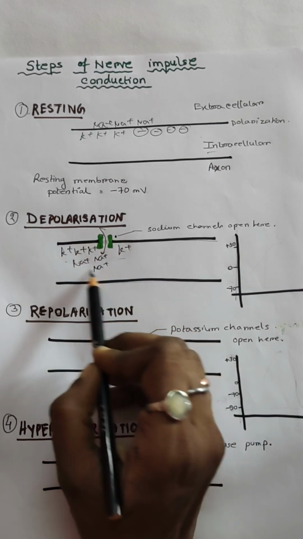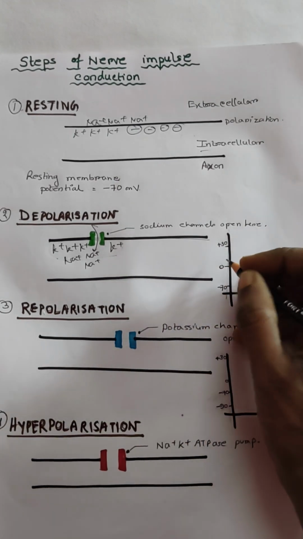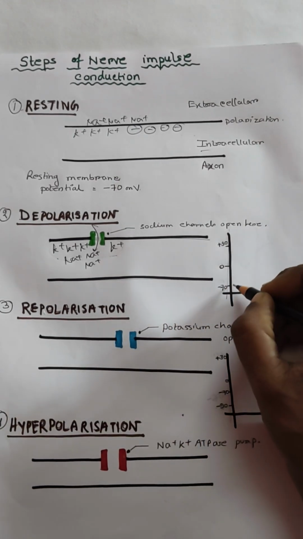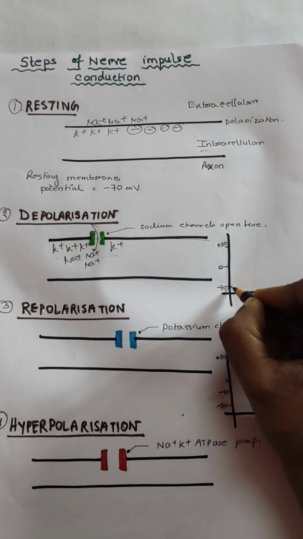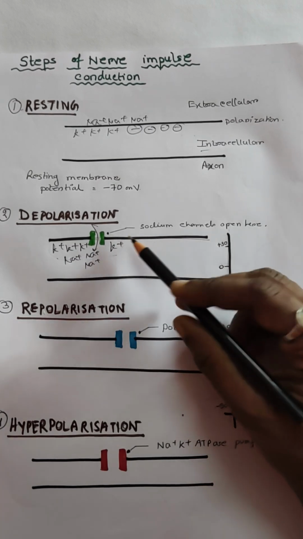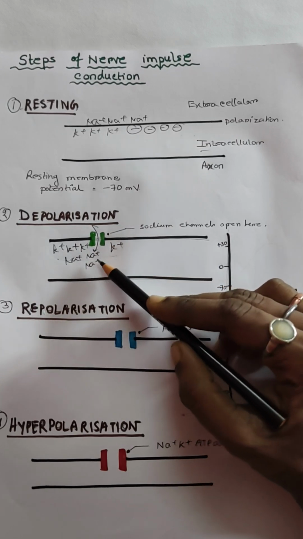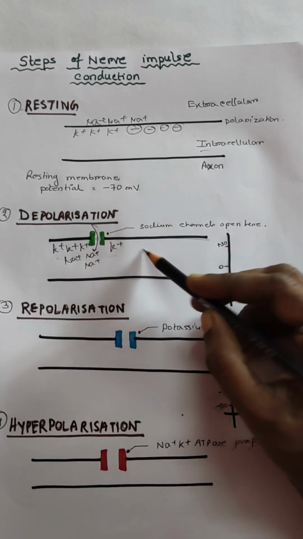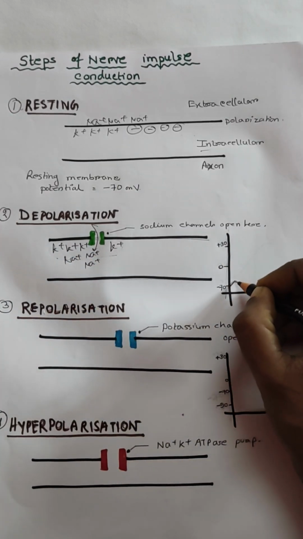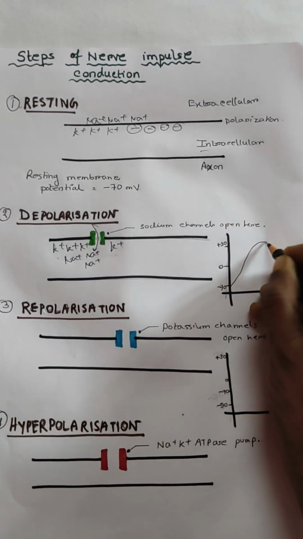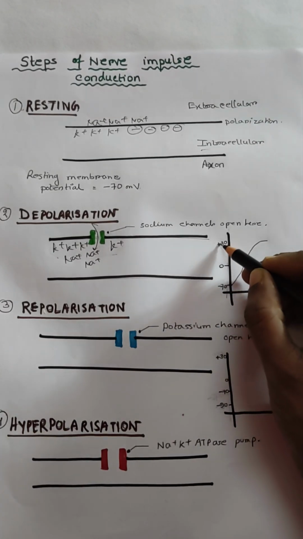If we put that data into a graph, we can understand better. Here, at the resting stage, the potential difference is minus 70 millivolt. Then when the sodium ions enter the cell, the positive ions get high, the value of the positive ions increases. So the graph will be like that, and it comes up to plus 30.